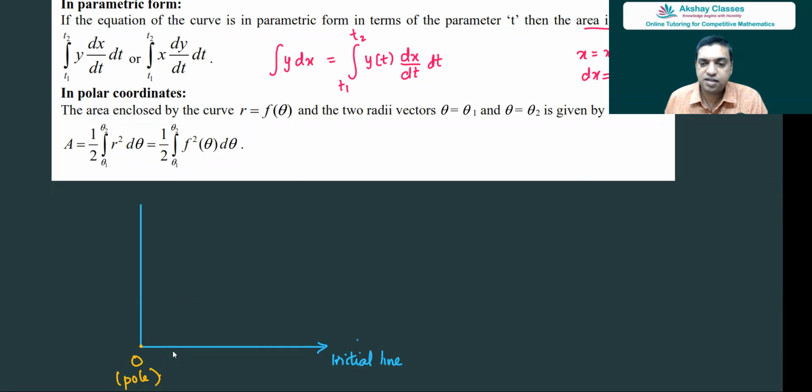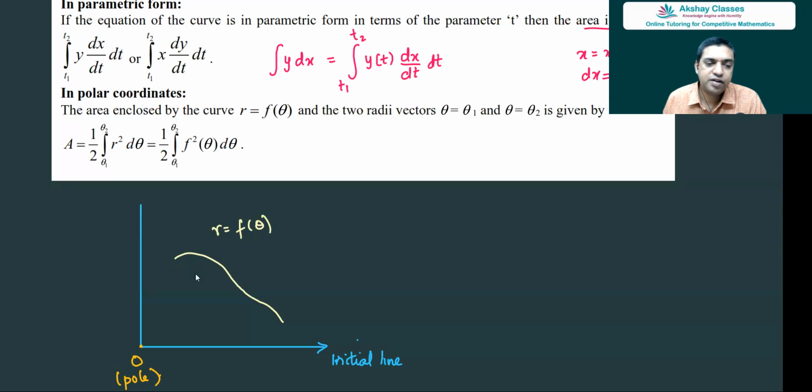Now, let us consider a curve. This is the curve, and the curve is given in terms of r as a function of theta, suppose.